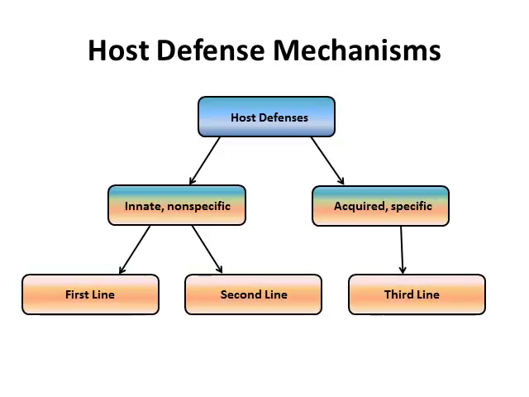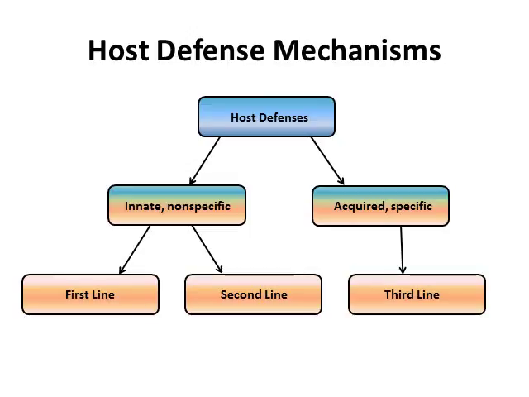So if we look at our different host defense mechanisms, we have innate mechanisms we're born with that are nonspecific. These are defense mechanisms that protect us from a lot of different illnesses, and they include the first line of defense and the second line of defense.